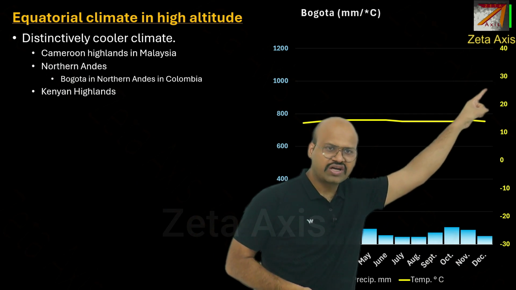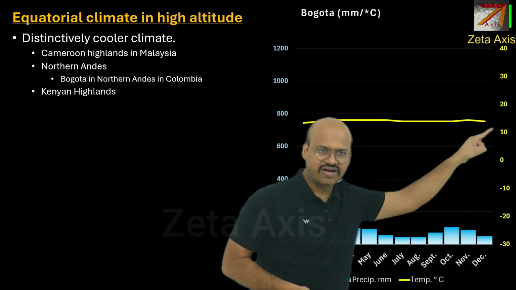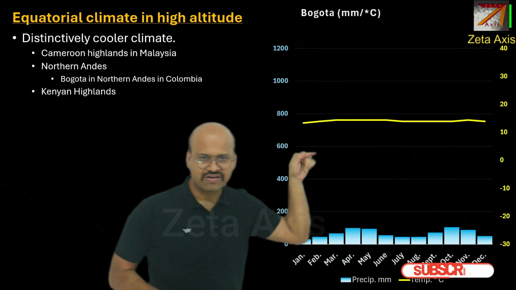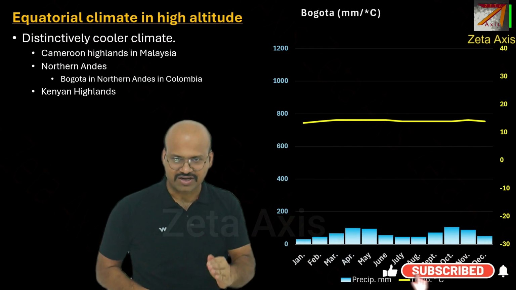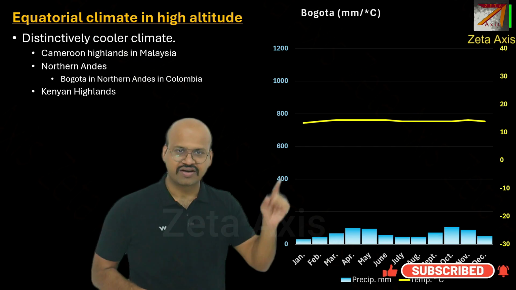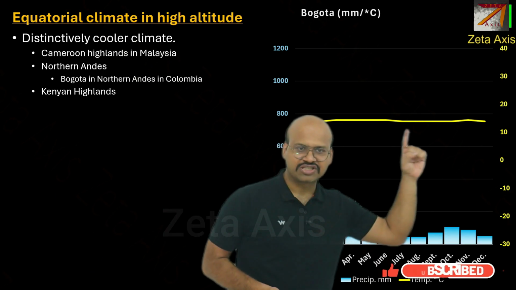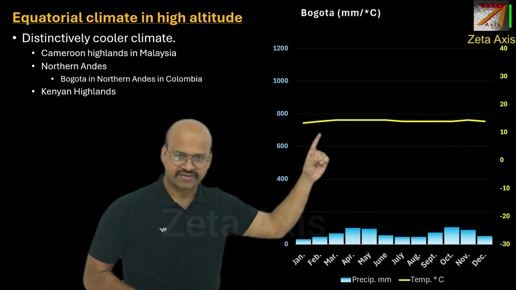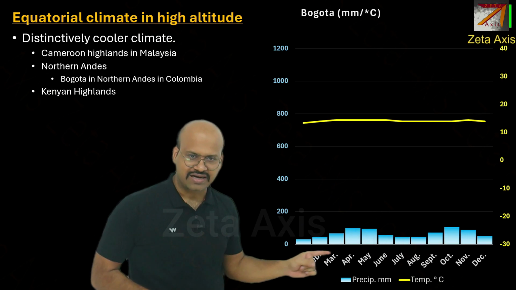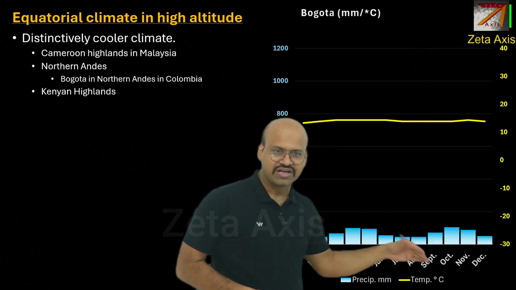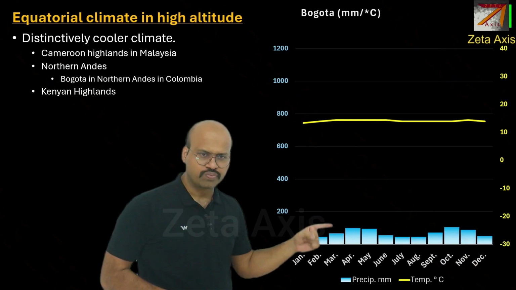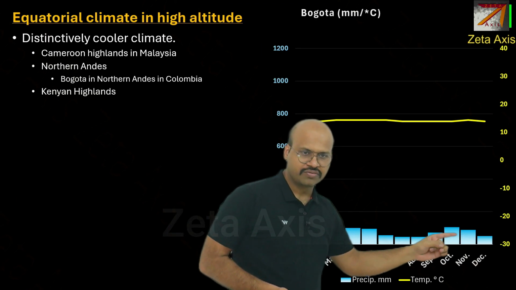Earlier we had around 27 degrees Celsius; here we have around 15 degrees Celsius. Still, the characteristics are similar even though the altitude is higher. The temperature graph is almost flat, there is no distinct month without rainfall, and there are two peaks of rainfall.